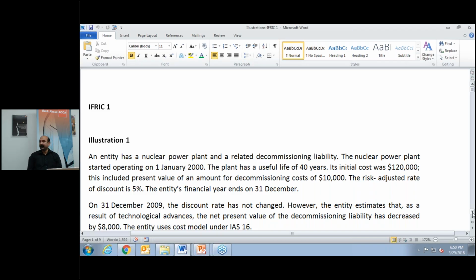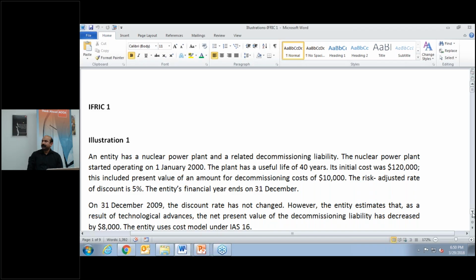This line is very important because while making adjustment for any change in the decommissioning and restoration liability, check which model is being used. Here they are using cost model.